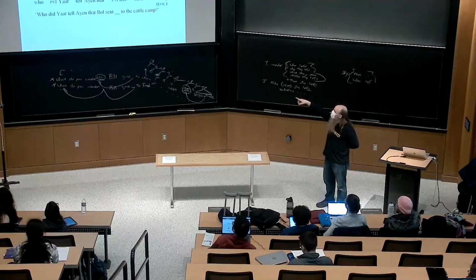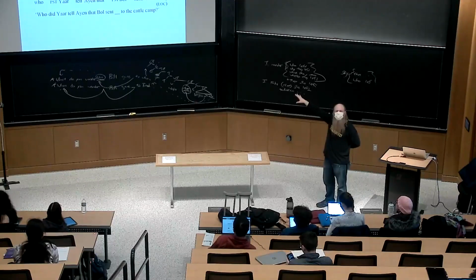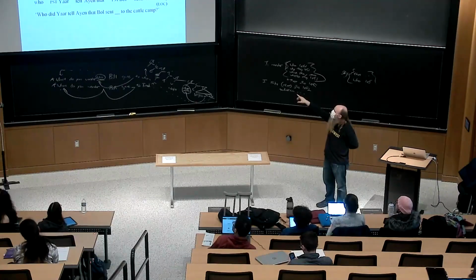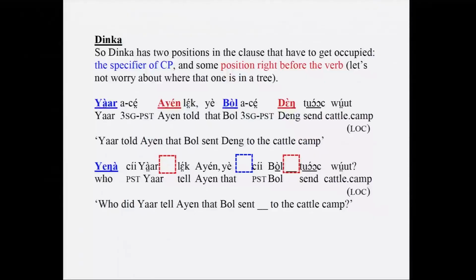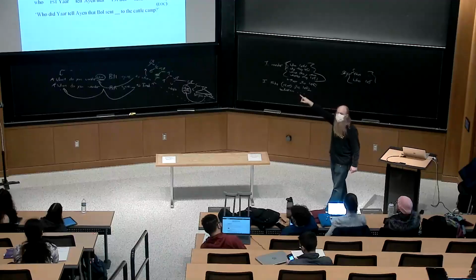Here's the observation. If you do that, all of those positions that normally absolutely have to be filled have to be empty. So who started off as the object of send, and so that rightmost red position, the one that Dang used to be in, is empty. That's not so surprising. That's where who came from.